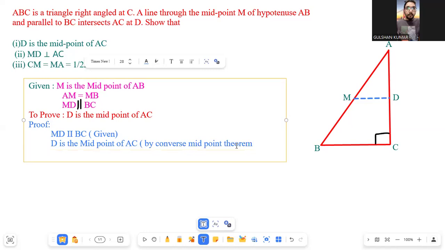We have a question: what is the converse midpoint theorem?